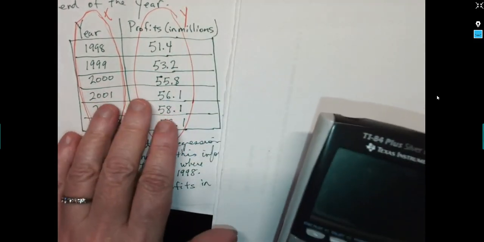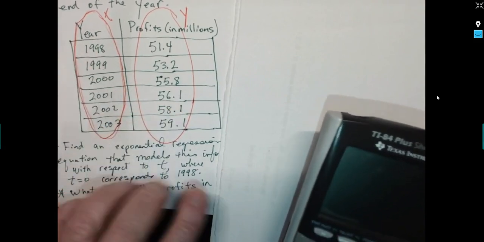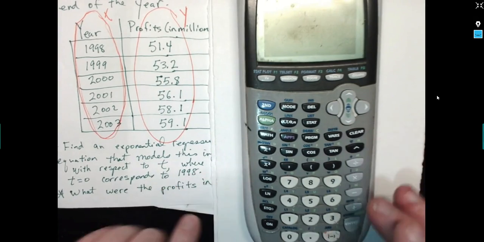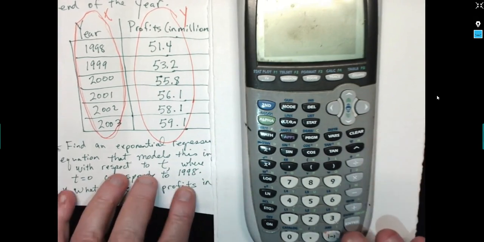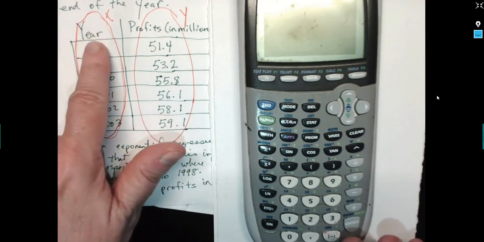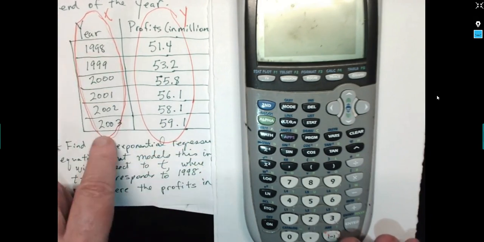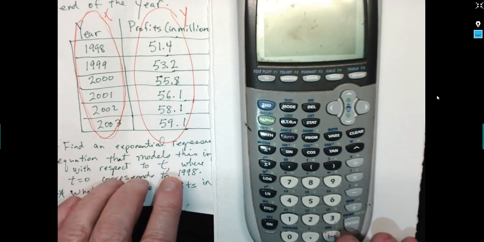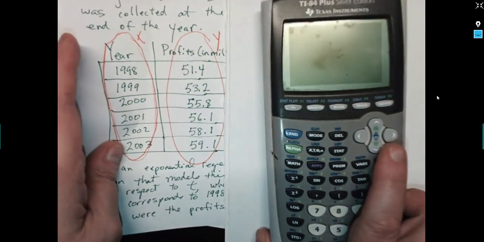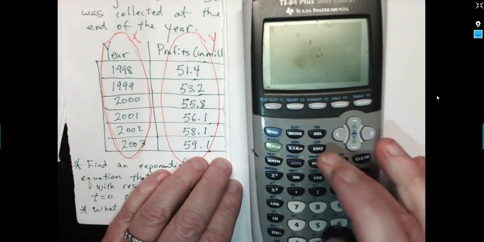Now, let's see what happens if I take these x values as they are and I don't change them into t values as instructed. But, as I said, whenever you see something like this where you have literal years, you need to go ahead and change it into t, even if the instructions don't say anything.